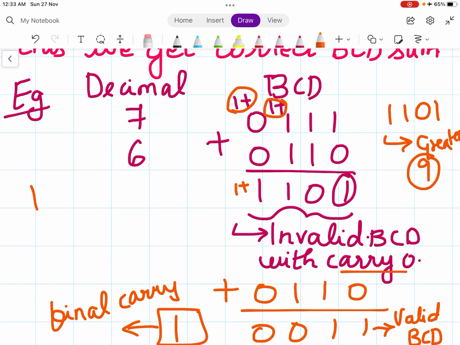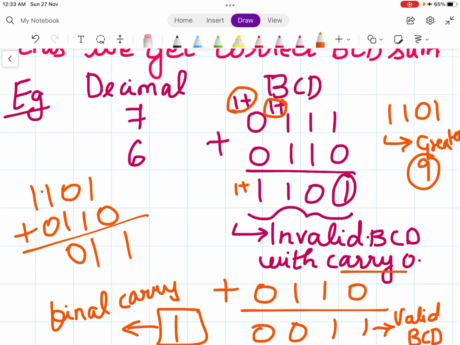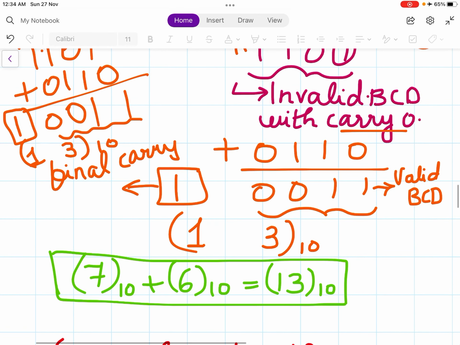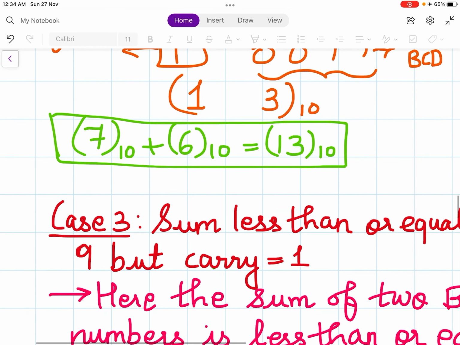So you need a correction factor. We will correct it by adding 6, which is 0 1 1 0. So 1 1 0 1 plus 0 1 1 0 gives 1 0 0 1 1, and this corresponds to 13. So 7 to the base 10 plus 6 to the base 10 is 13 to the base 10.